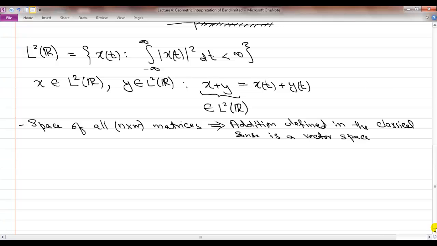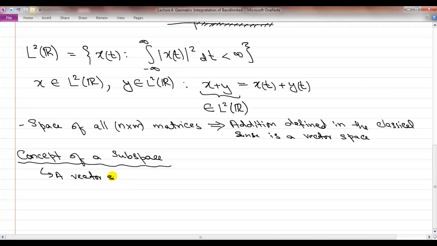Let's abstract that notion. So we'll keep that example of Rn in our mind and define further abstract notions. So the next thing we want to understand is the concept of a subspace, which is essentially a vector space within a vector space.